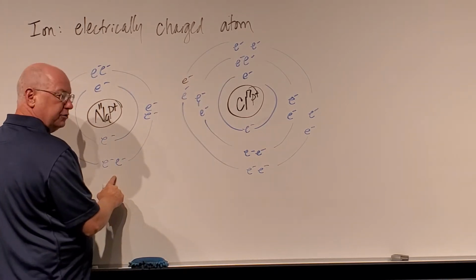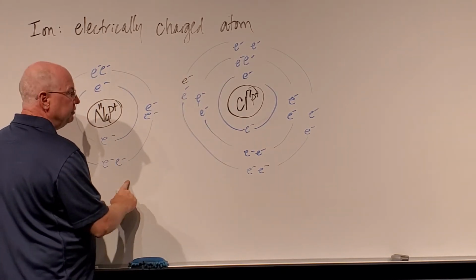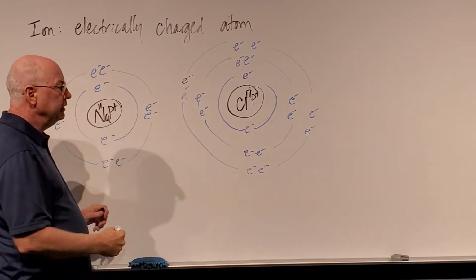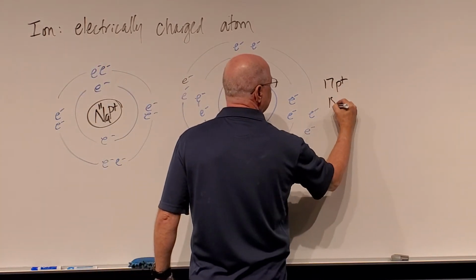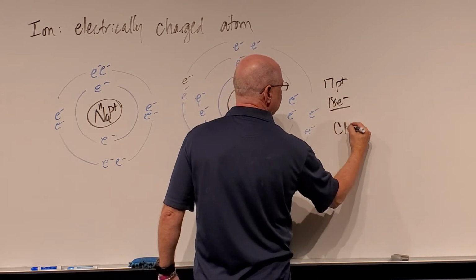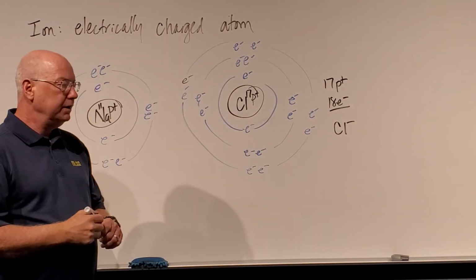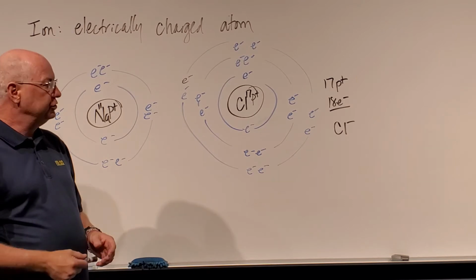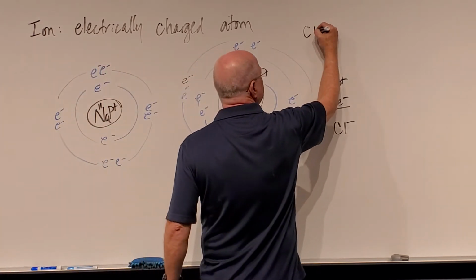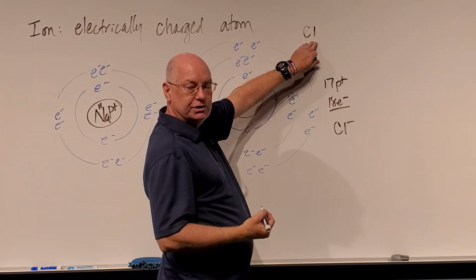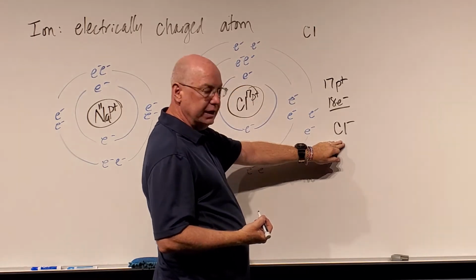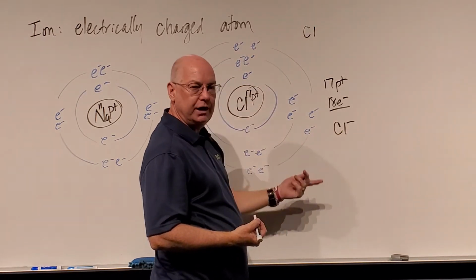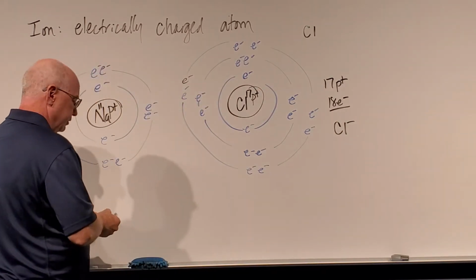The valence electron from sodium sometimes can be given to chlorine, and now chloride has 17 protons, but it has 18 electrons. So when I draw the chloride ion, it has a negative charge. Without the charge, this means to a chemist it has the same number of protons and electrons. With it, this means it has 1 extra electron, or an extra negative charge.